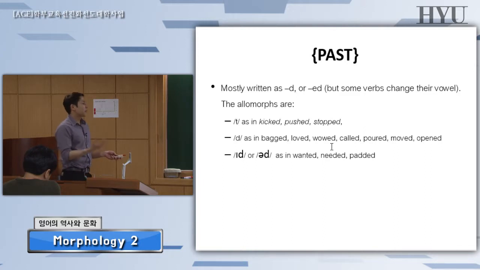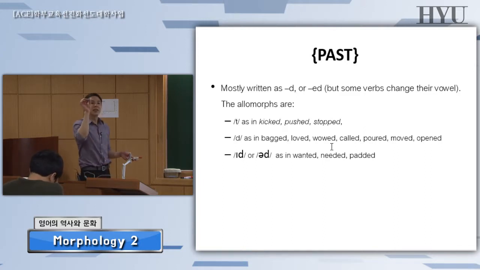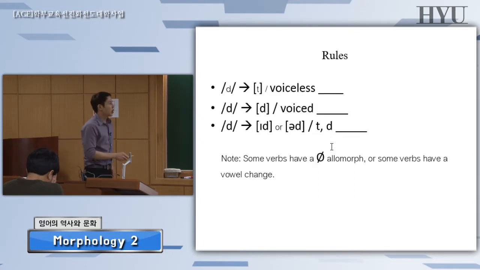Finally, if the sound before it is T or D, it's hard to pronounce without the insertion of a vowel. So you insert a vowel in there, schwa or I, wanted. You cannot pronounce it as 'wantd', so you have to insert a vowel, which is insertion, that we talked about last time. So all the rules are here.